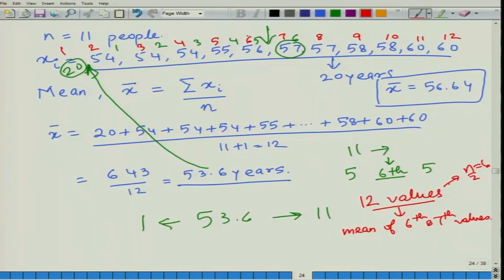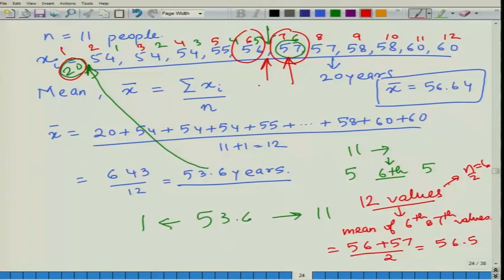So, essentially here the 6th value is 56. So, it becomes 56 plus the 7th value 57, divided by 2, which is 56.5. Now, even though we have added a very extreme value of 20 years, the median has shifted from 57 to 56.5.